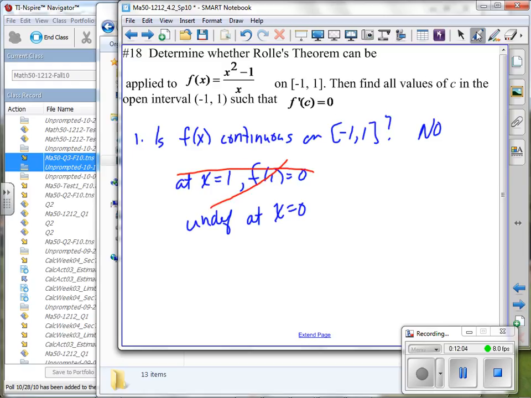So if I'm looking at this rational function and I realize that my denominator makes the function undefined, and the value that makes the denominator 0 is within the closed interval, okay? Oops, let's do it this way. And -1 is less than 0, less than 1. Therefore, what's my conclusion?